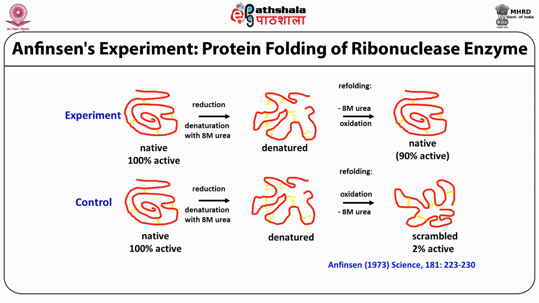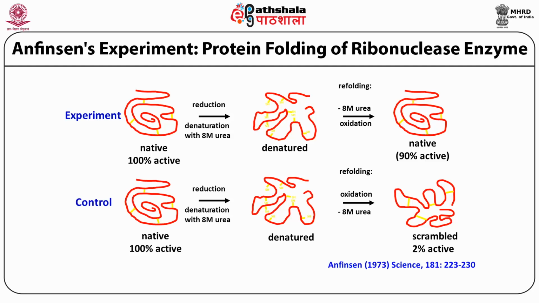While in the second case, when the denatured protein was refolded, the oxidation meant that the disulfide bonds were already formed between certain cysteines which came close to one another, and it really did not matter that 8 molar urea was subsequently removed, because the protein continued to stay in a scrambled state.